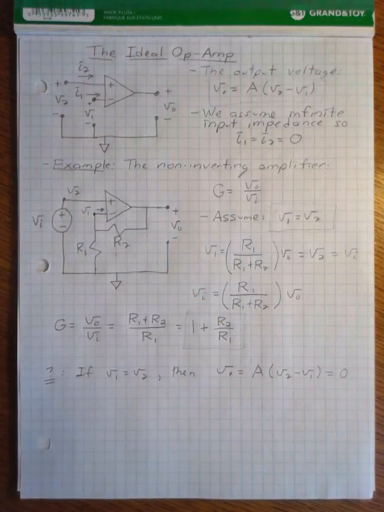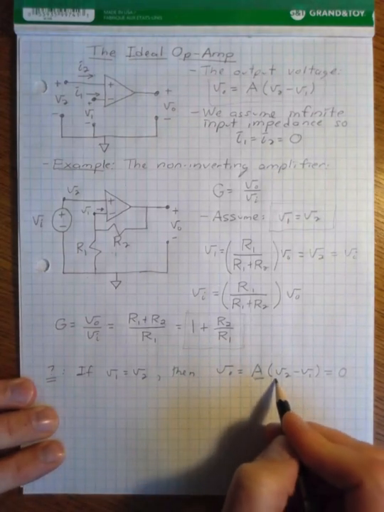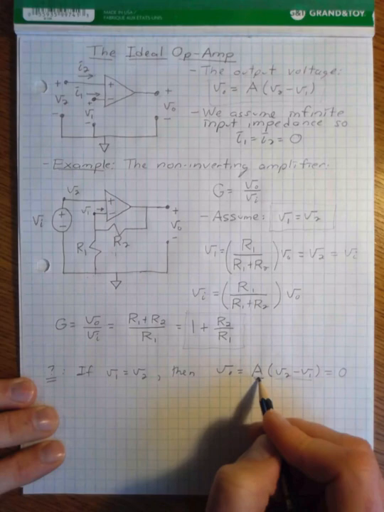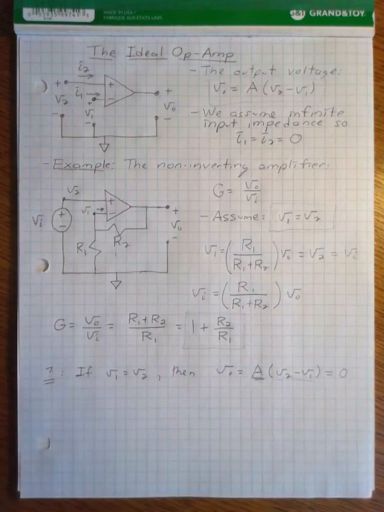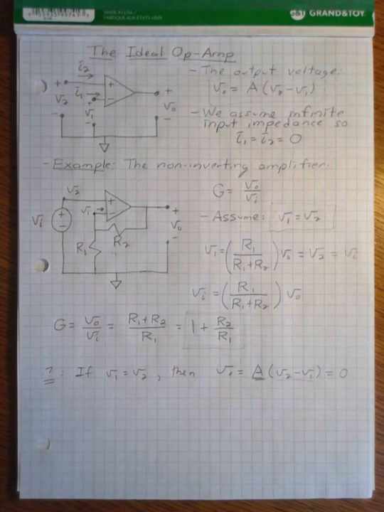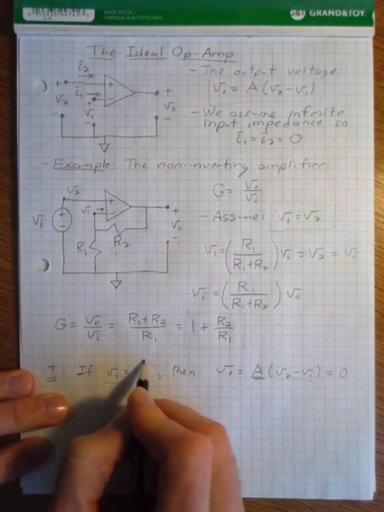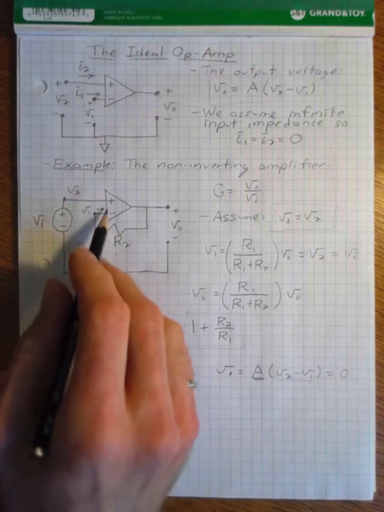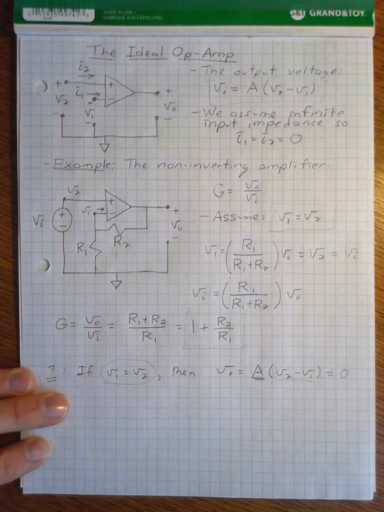So maybe you've asked this question yourself, and perhaps you've been told, as I was told, that it has to do with this infinite resistance. So if this difference is almost zero and this is almost infinite, then somehow they balance out, which, okay, that's fine, but it still doesn't tell us why we assume this. Is there something special inside the op-amp that somehow drives these two voltages together?